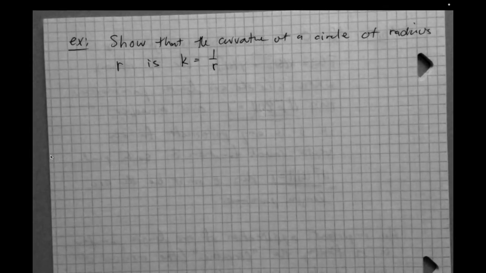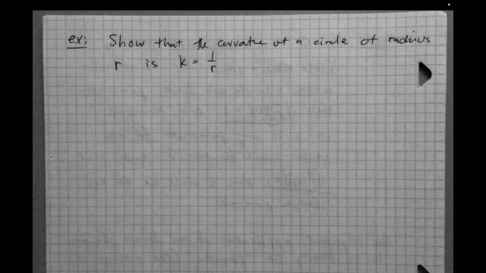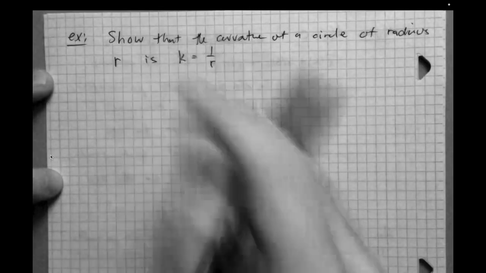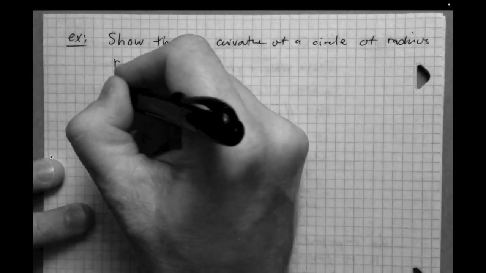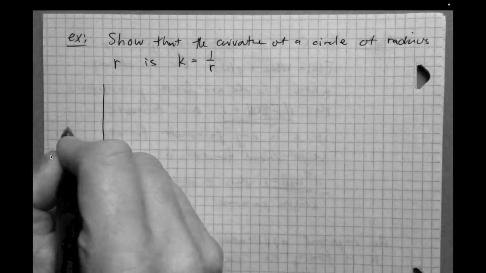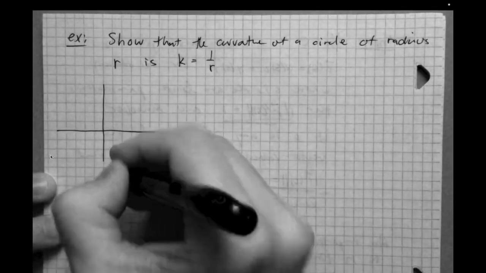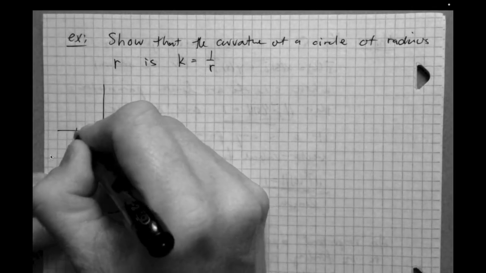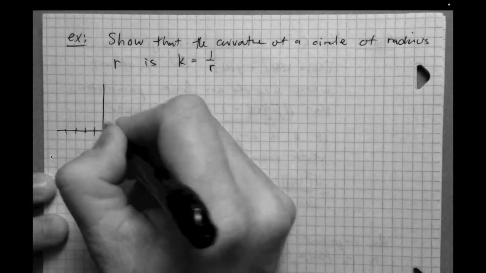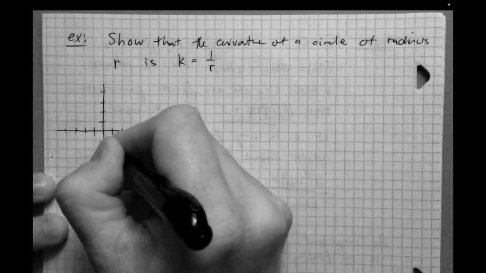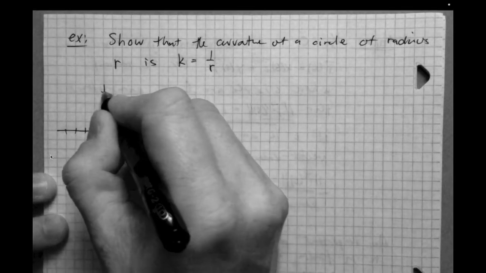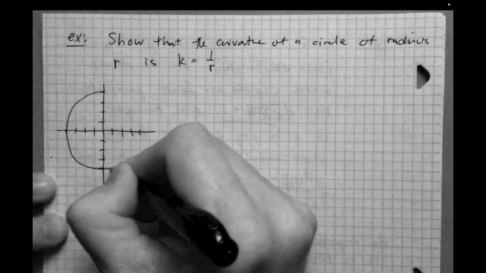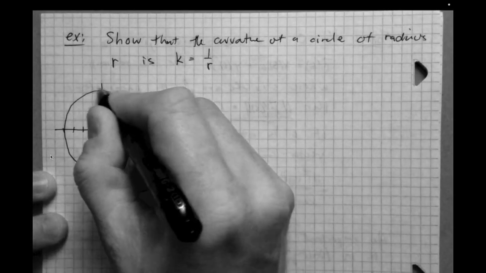So in the case of the circle, we see that the curvature is constant. Remember what a circle is. We all kind of know what a circle is, but sometimes it's useful to draw a decent one here so we can reference it.